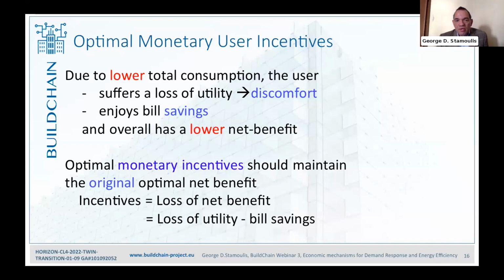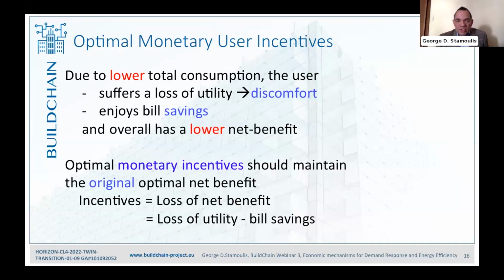So now the net benefit is lower, and the only way for the user to accept to participate in the DR event is for the provider, which can be either, let's say, the retailer or the DR aggregator, so I will use the term provider in a more general meaning, to provide such monetary incentives so as to maintain the original value of net benefit, which was the optimal one.